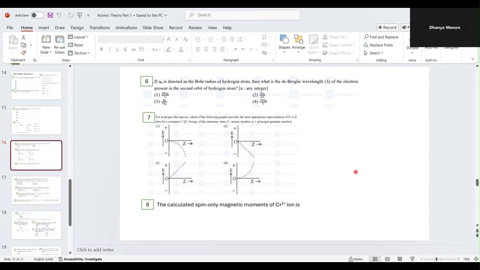If a0 is denoted as the Bohr radius of the hydrogen atom, then what is the de Broglie wavelength of the electron present in the second orbit of the hydrogen atom? Please take a screenshot.